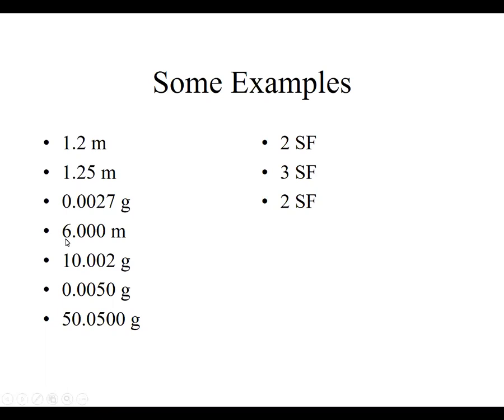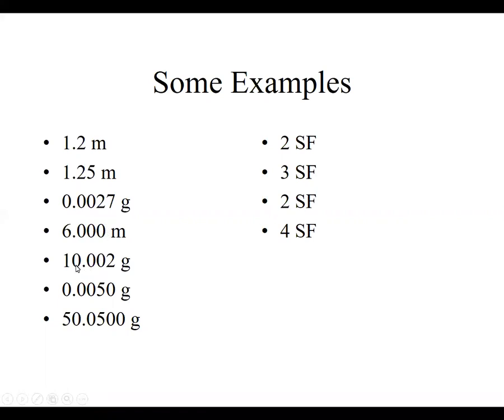And then we have the rule that says zeros to the right of a decimal point are significant if they are preceded anywhere in the number by significant digits. And they're preceded by that 6. So this time the if clause is satisfied, and so those 3 zeros are significant, as is the 6. So we have 1, 2, 3, 4. Okay, so we have 4 significant figures.